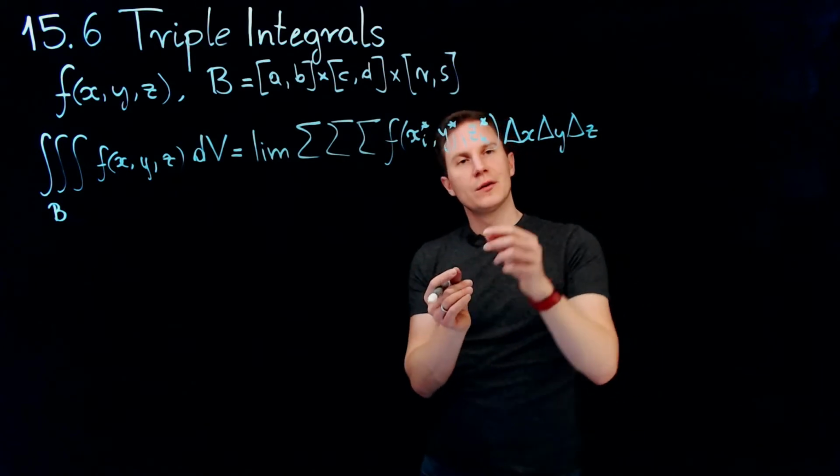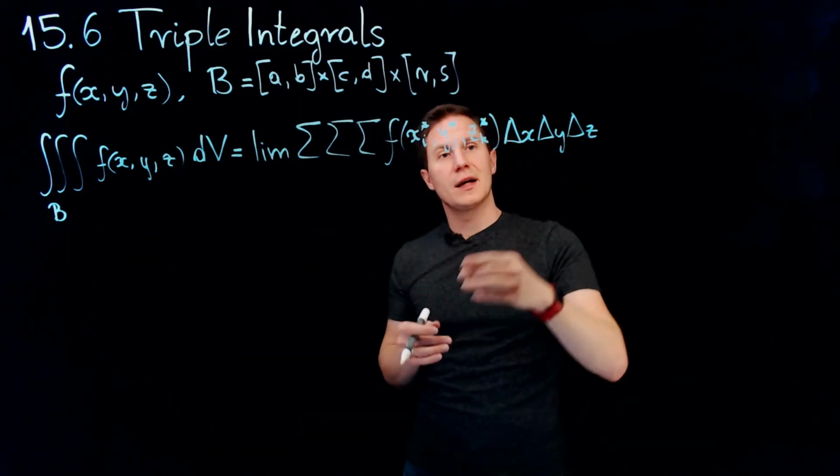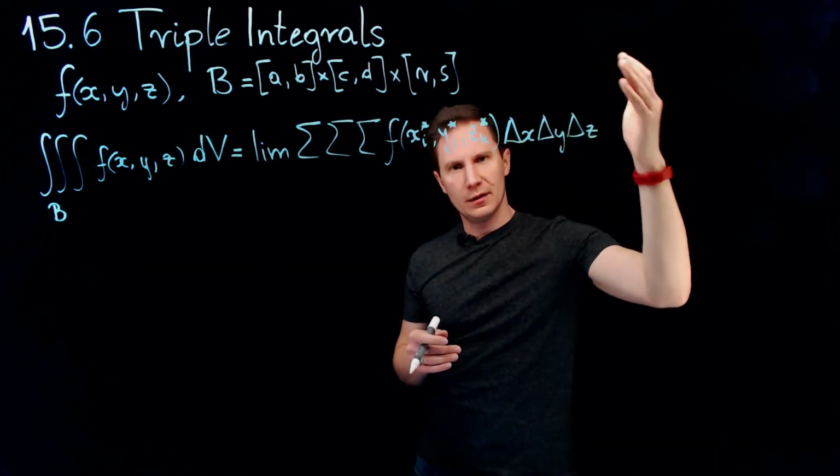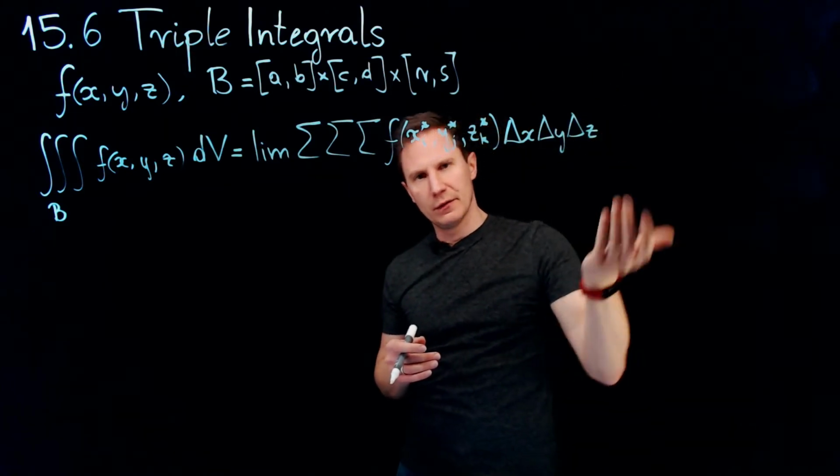Each subinterval along the x-axis would have a length of delta x, a length of delta y along the y-axis, a length of delta z along the z-axis.